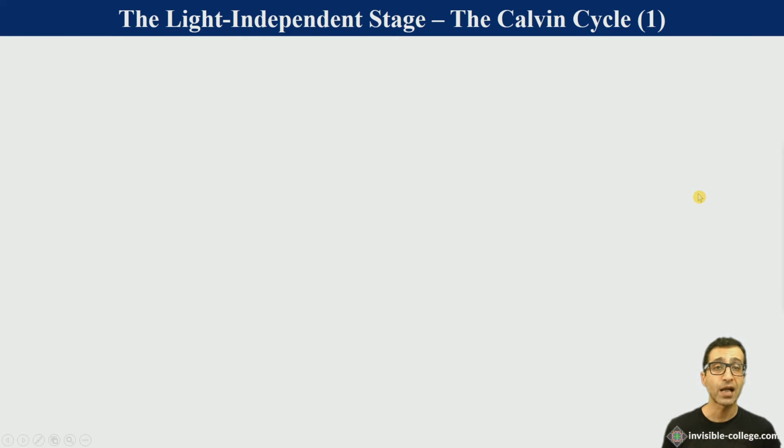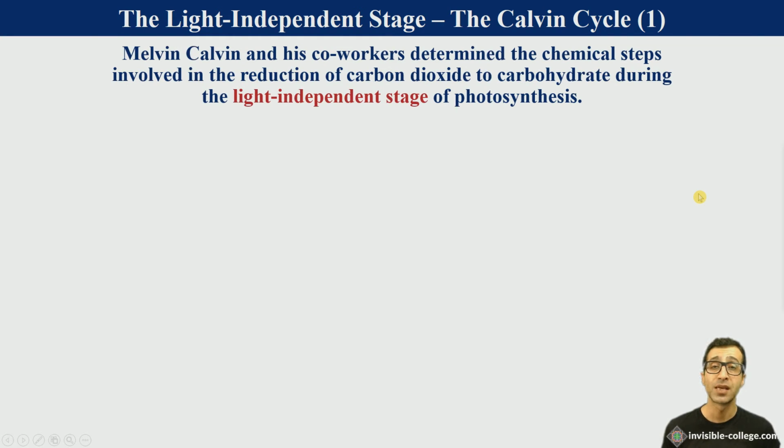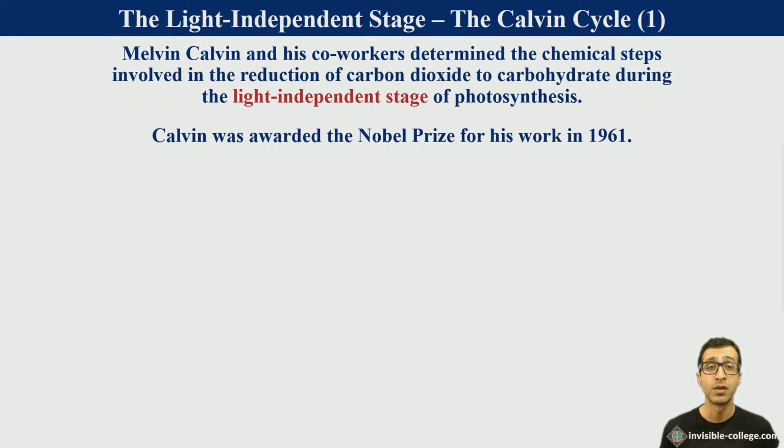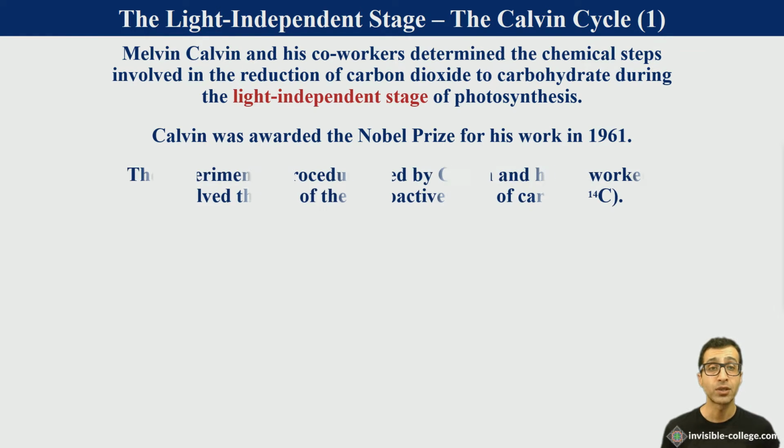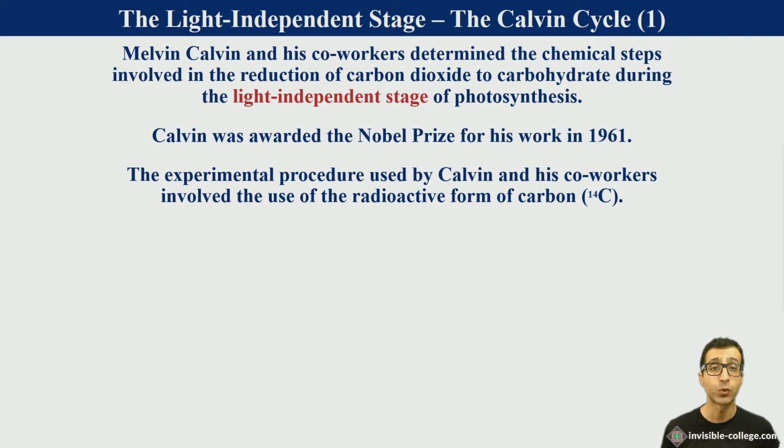So, Melvin Calvin and his co-workers determined the chemical steps involved in the reduction of carbon dioxide to carbohydrates during the light-independent stage of photosynthesis, and he was awarded the Nobel Prize in 1961 for this work. Now, the experimental procedure actually involved the use of radio-labeled carbon, or the radioactive carbon-14.